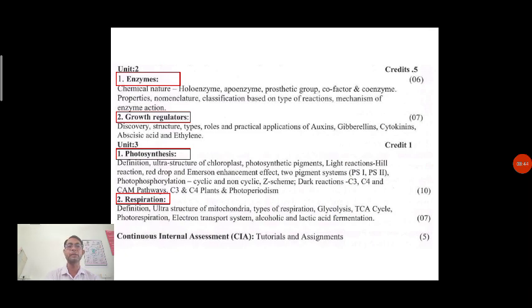Along with tutorials and assignments we are going to take a periodical test. The test will also help you to cover this portion. This continuous internal assessment also carries marks, and everybody is required to cover this portion seriously. So this is the total about the syllabus.